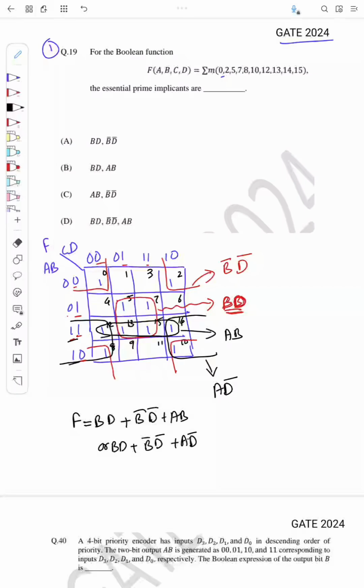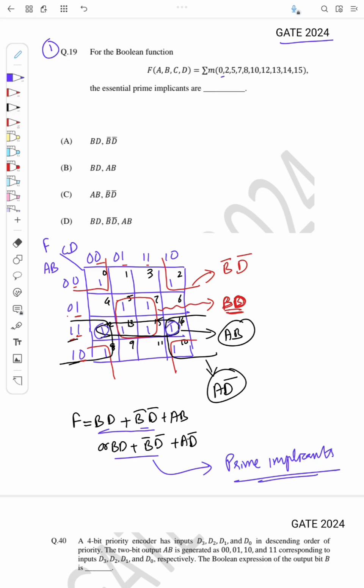So corresponding to which of these 2 I am selecting, I can get these 2 terms. But if you carefully see here, only these 2 terms bd and b bar d bar remain the same, right? So these 2 form the essential prime implicants. So the answer is A.